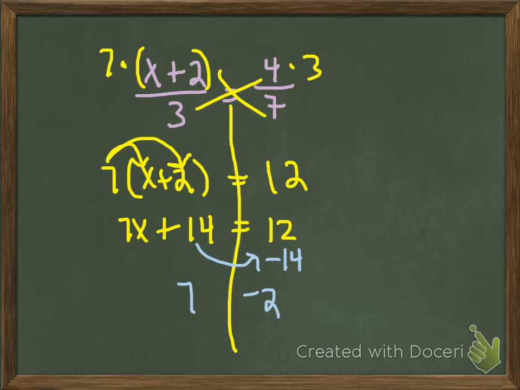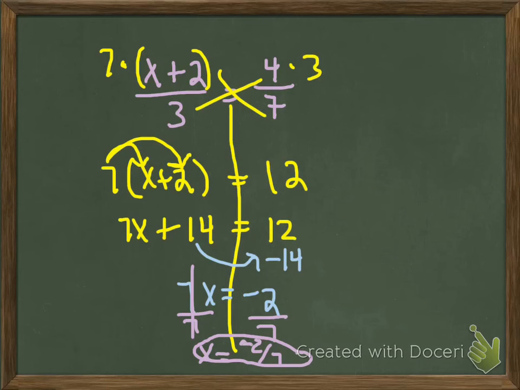So I have 7x equals negative 2. And in my last step, I'm going to divide by 7 and divide by 7 so I can cancel these out. And I'm going to get x is equal to negative 2 divided by 7. That is definitely going to be some sort of a decimal. So negative 2 divided by 7 is going to be my answer. I'm going to leave it as a fraction. And I'm done.